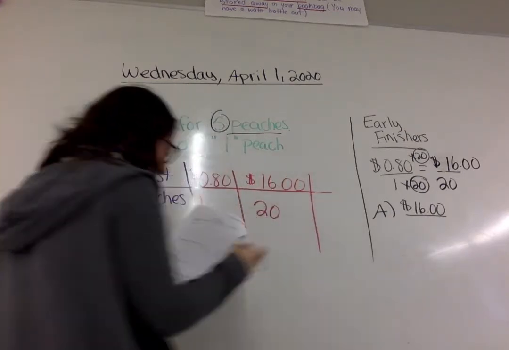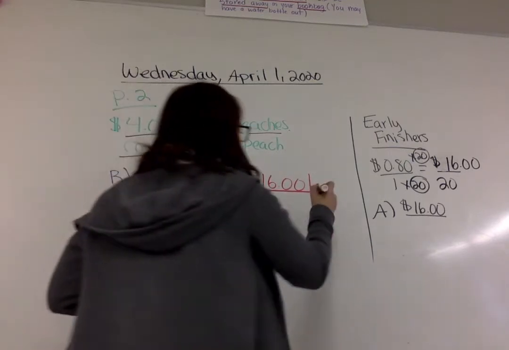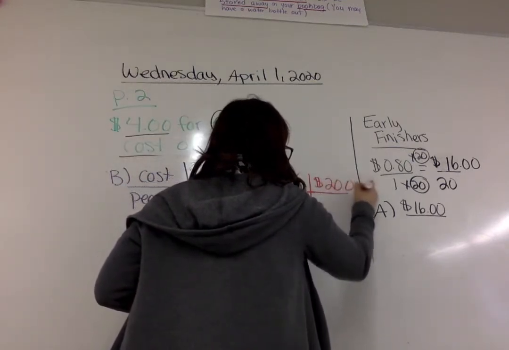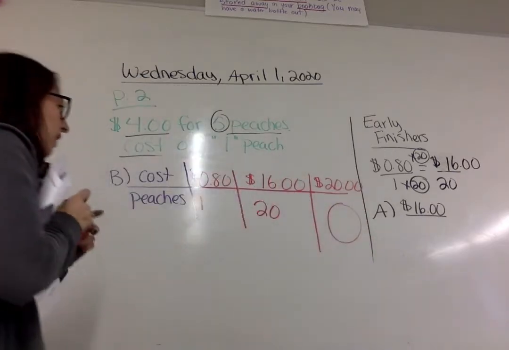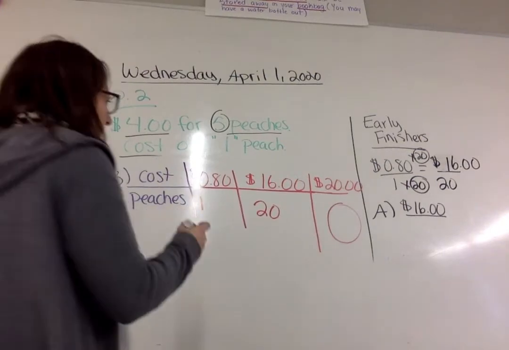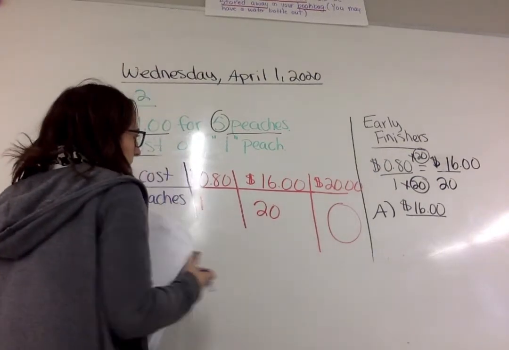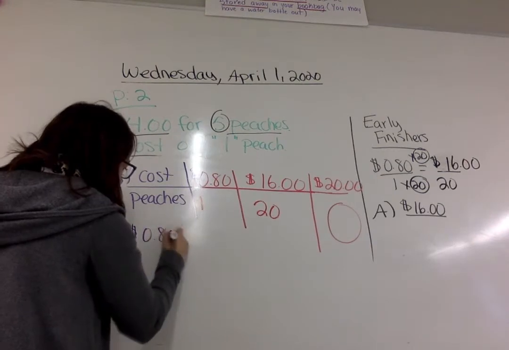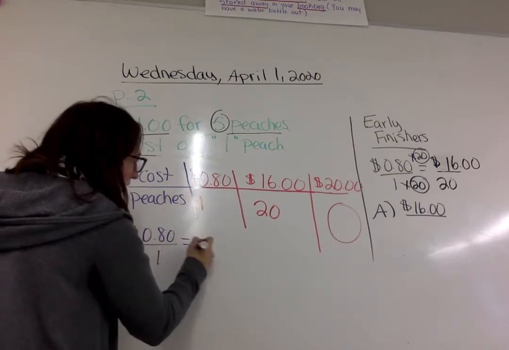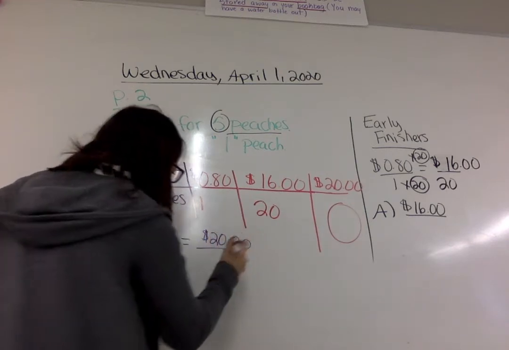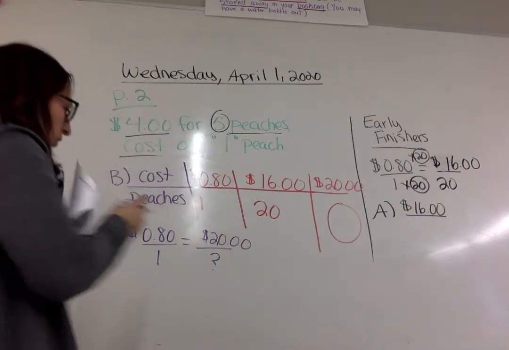And I want to know that if I spend $20, how many peaches will I need in that red circle? So, we have to ask ourselves two things. 0.80, which is 80 cents per peach, is equal to, we have $20 as the numerator. And I need to figure out the denominator.